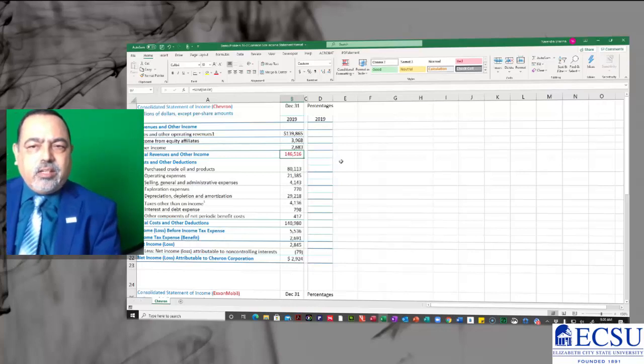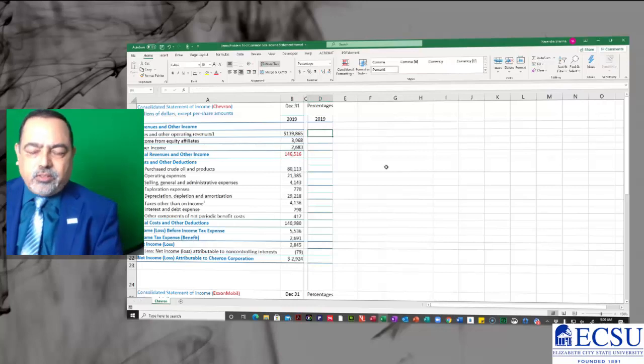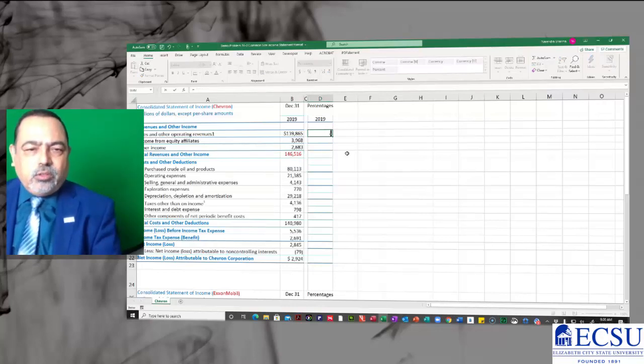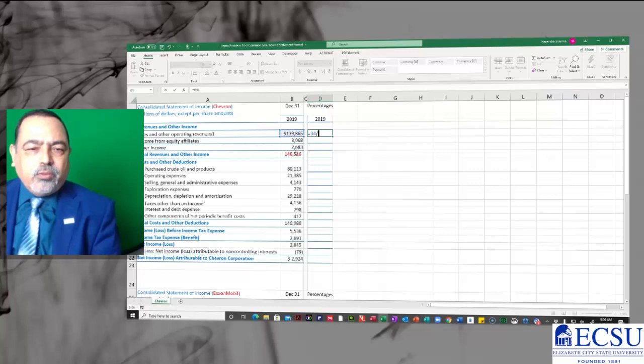So let's start the calculation. The concept is you will be dividing each and every line item by the base figure. So let's see. This is equal to $139,865 million divided by $146,516 million.